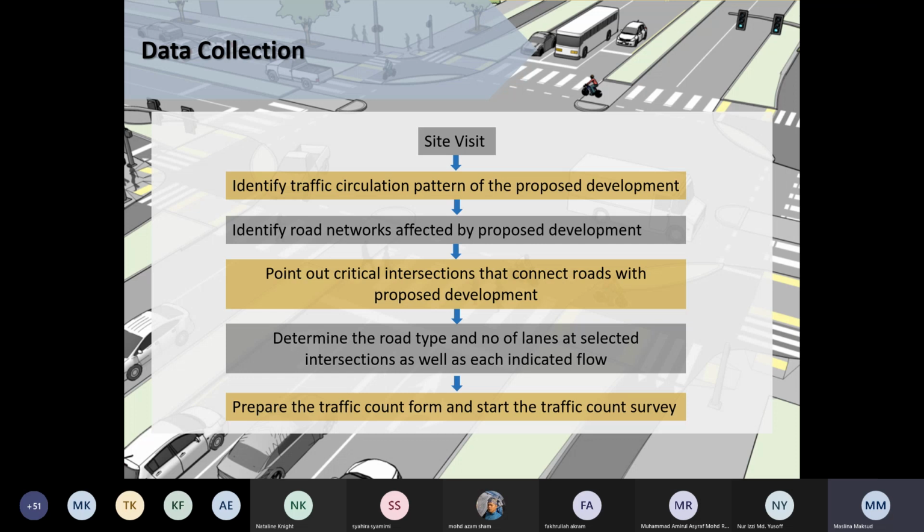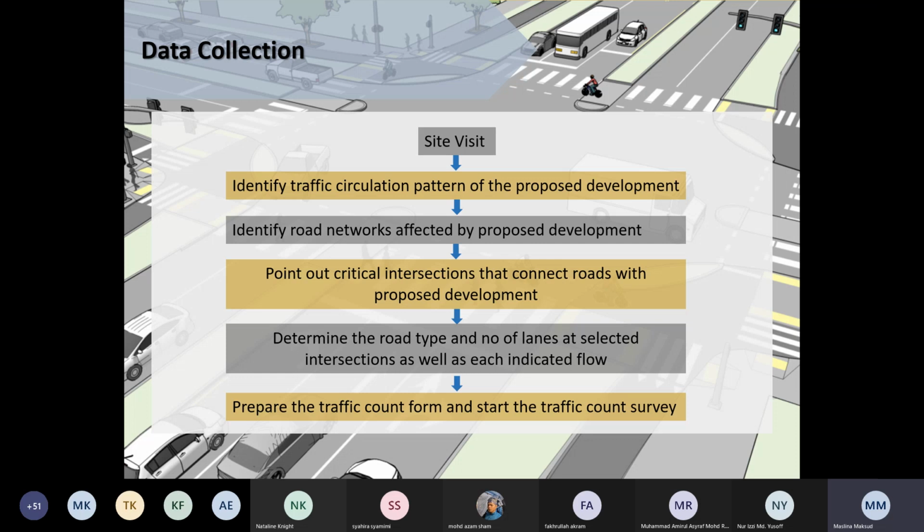This critical intersection is the one that we consider to have the highest use of vehicles, or we see as having the heaviest traffic. We consider the highest traffic condition at the surrounding study area, especially at the intersection.